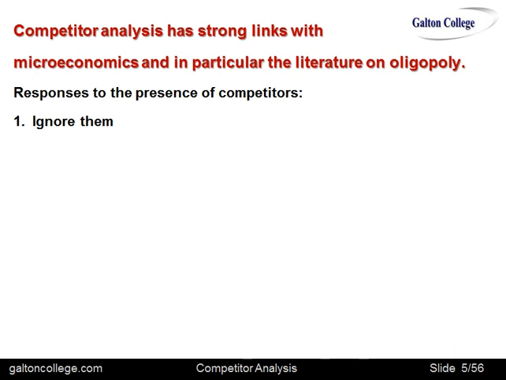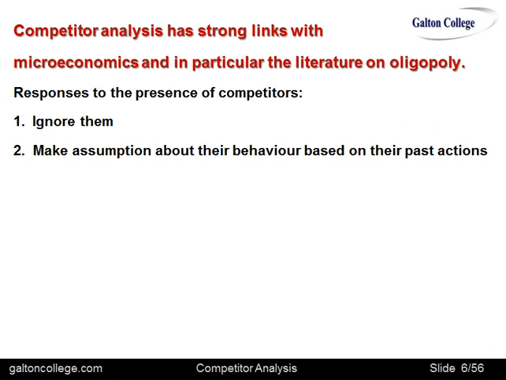So why is it here? Well, it's here because it is a possible response, and we want to be as complete as we can in listing out the various responses. So that is one response, but it's not a very sophisticated response. In fact, it's quite a dangerous response. Second, a company could make assumptions about the behaviour of the competitors based on past actions.